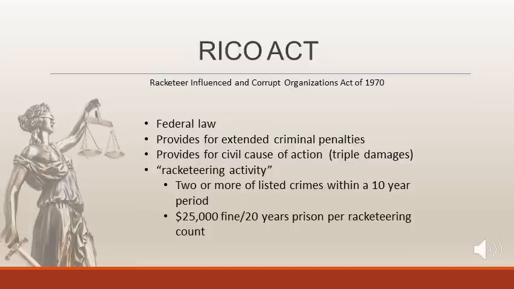So the RICO Act was intended to close that loophole and allow these leaders to now go to jail, or at least go to trial for committing some of these acts and or these orders that they were having other people do. So it was intended originally to go after the mafia.